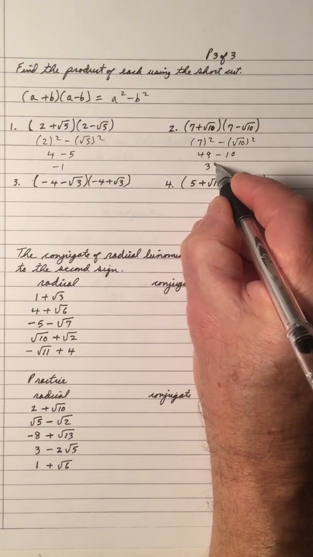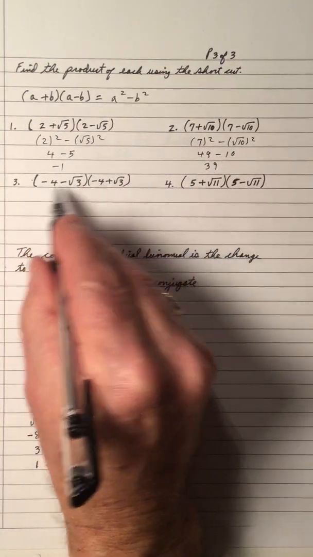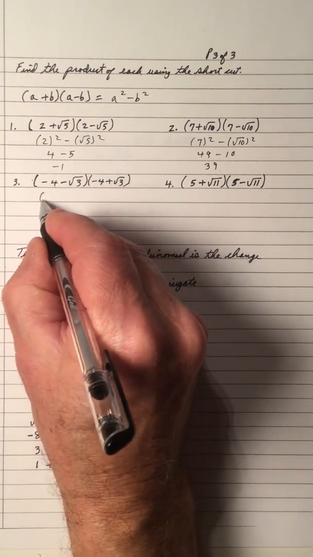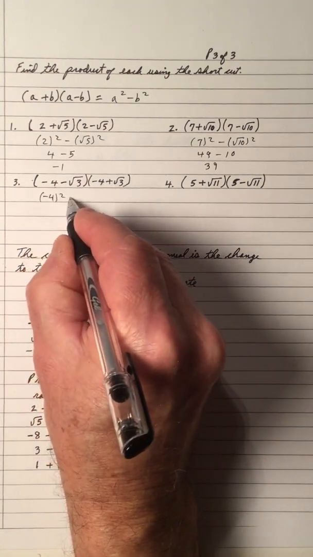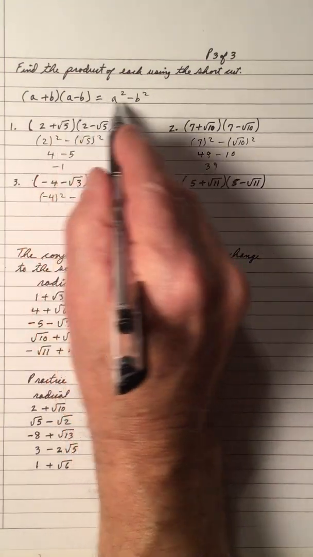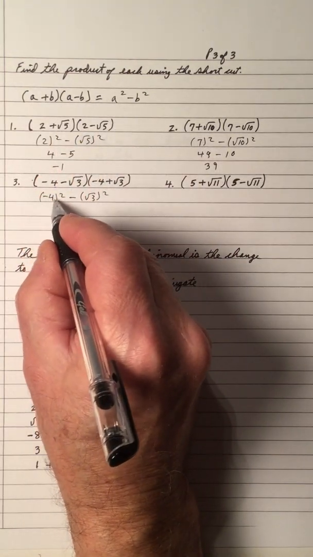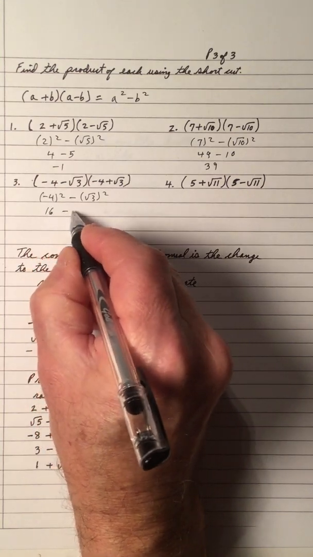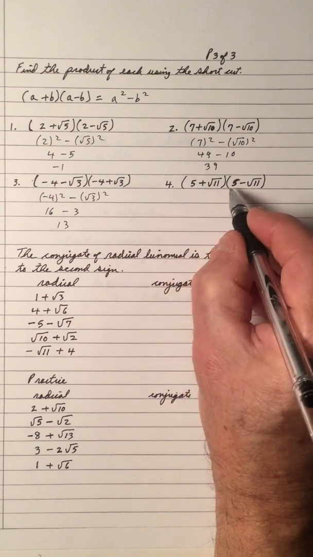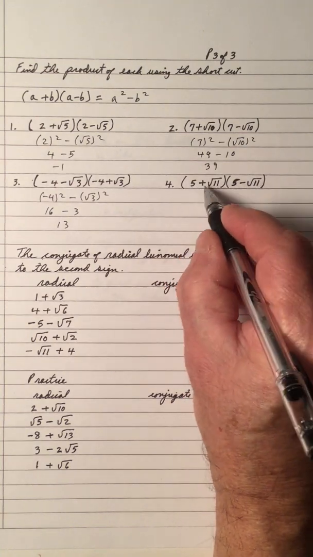You get 39. And you have the same two terms again separated by a plus and a minus. So you get negative 4 squared minus root 3 squared, obeying this pattern. So negative 4 squared is 16 minus 3 is 13. And 5 and root 11 with a plus and minus.